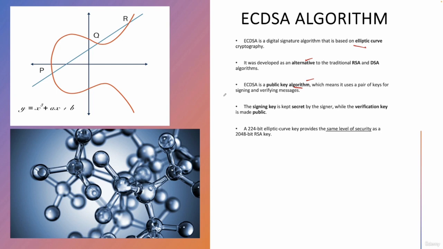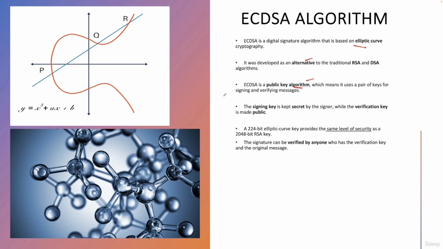The beauty of ECDSA is that even a 224-bit elliptic curve can provide the same level of security as a 2048-bit RSA key. Just think about it: it's so powerful that even a smaller key can achieve similar benefits, right? Good.